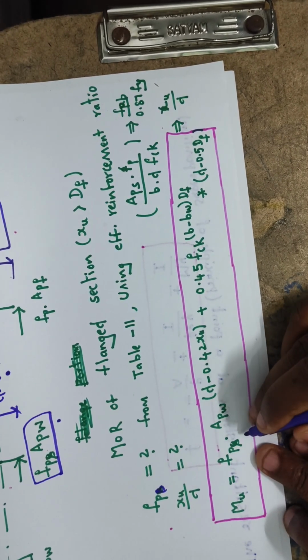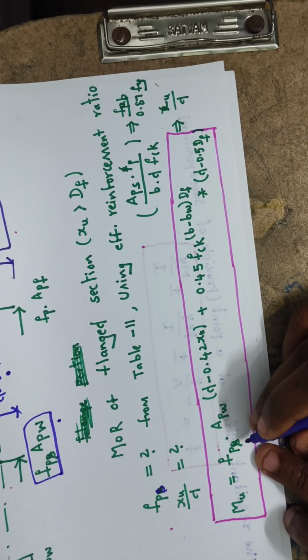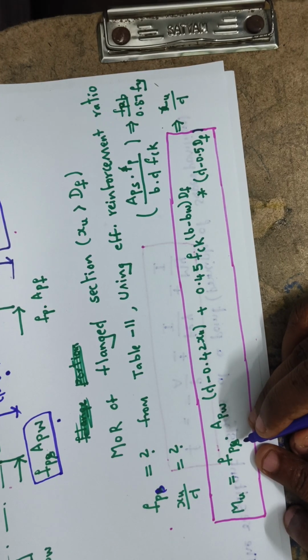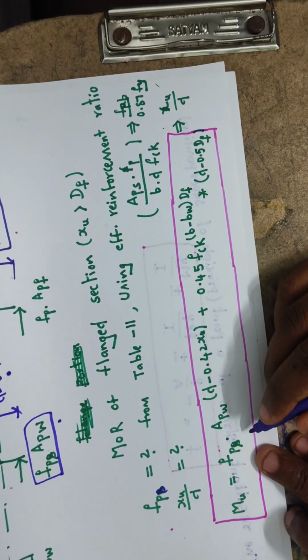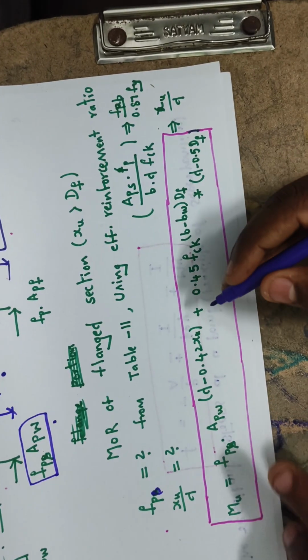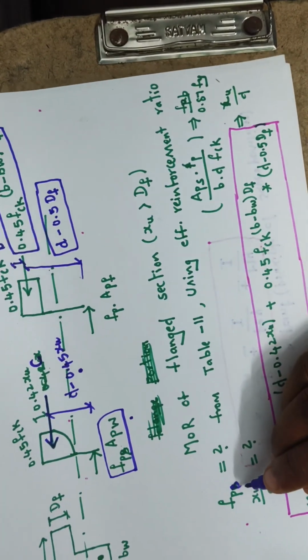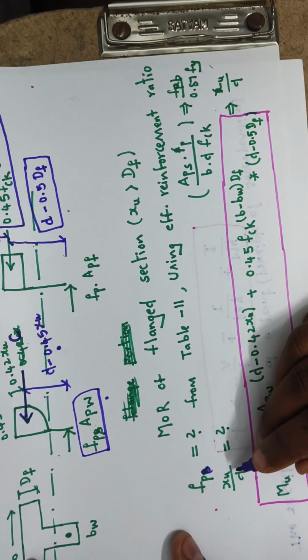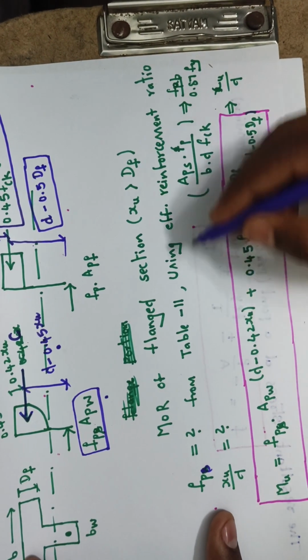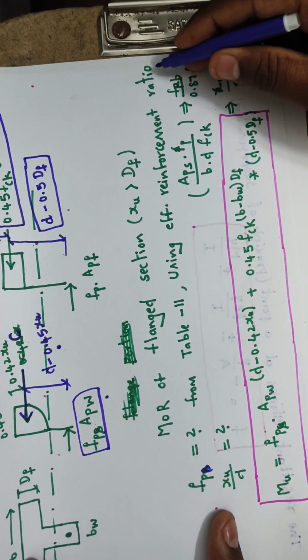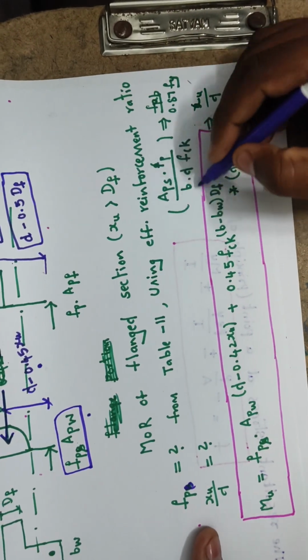This fps value can be determined as discussed in the earlier problem. Same, from table 11 we can determine this fps value and depth of neutral axis using the effective reinforcement ratio. Effective reinforcement ratio means this term.